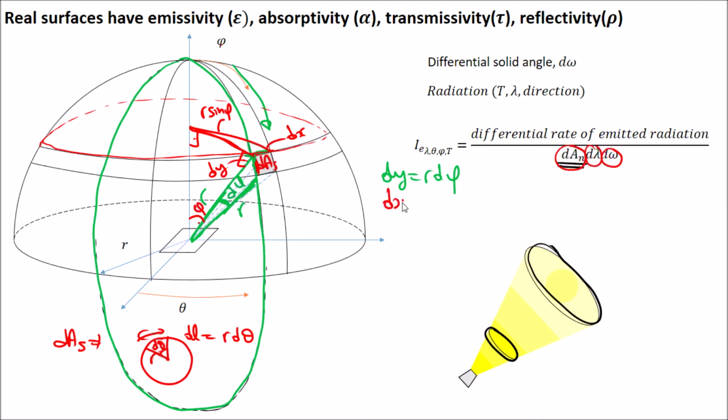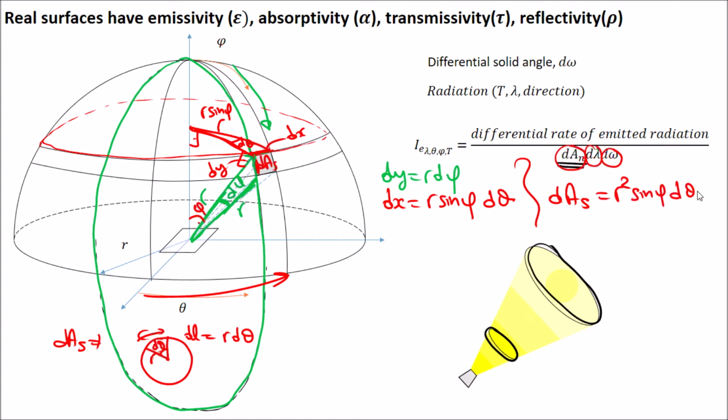So dx becomes r sine phi times the small angle here. This small angle is theta, because in that direction you are going as d theta. And dAs will be equal to r squared sine phi d theta d phi, which is equal to dx and dy. And dAn here is the same as dAs.